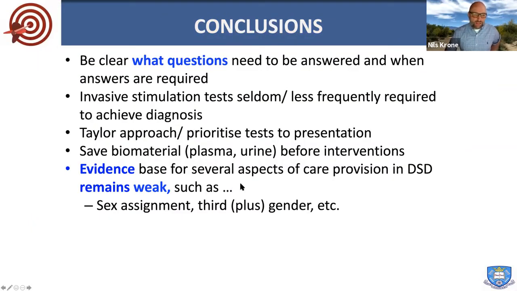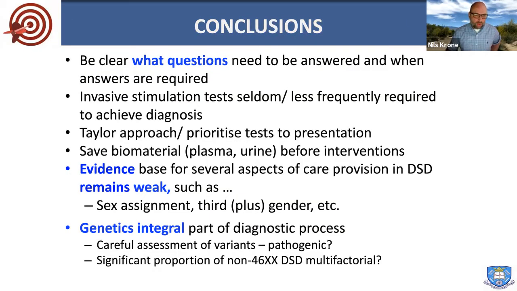The evidence base, however, for several aspects remains relatively weak. And that includes sex assignment, third gender, etc. And I'm not sure how diagnostic processes can help with it. However, I think the important bit is that genetics is really integral to, or one of the key bits of, the diagnostic process.